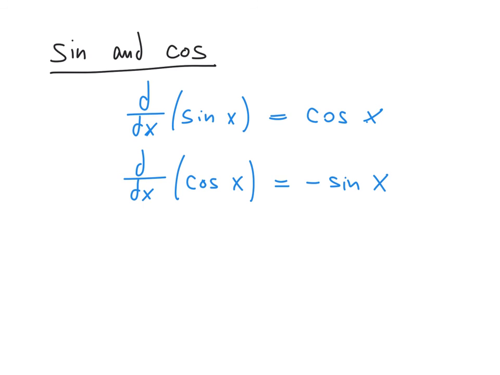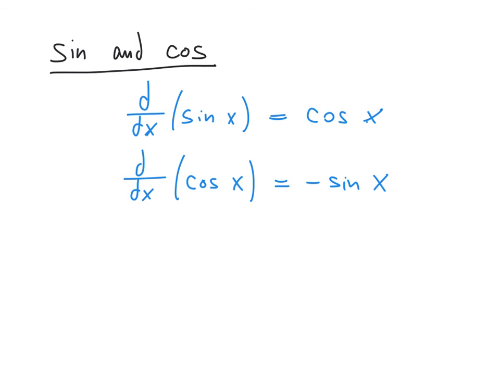This seems indeed a little bit surprising, right? So why do we have functions that are so intimately related? Not only is cosine just a shift of the sine function by pi over 2 along the x-axis, and vice versa, but why would their derivatives also be related in this close fashion, that the derivative of sine is cosine? So not only is cosine just a shift of the sine function, it is also its derivative.